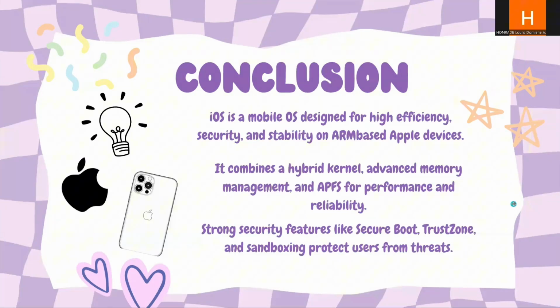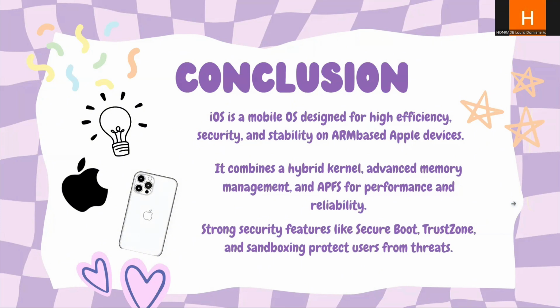In conclusion, iOS is built for high efficiency, strong security, and stability on Apple devices. Because Apple designs both the hardware and the software, the system is optimized to run smoothly without wasting power, and it's easier to secure when only one company controls the entire process.